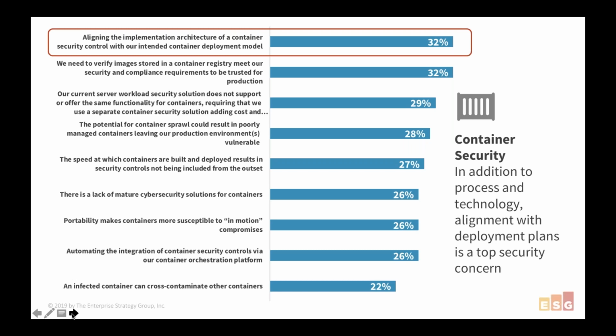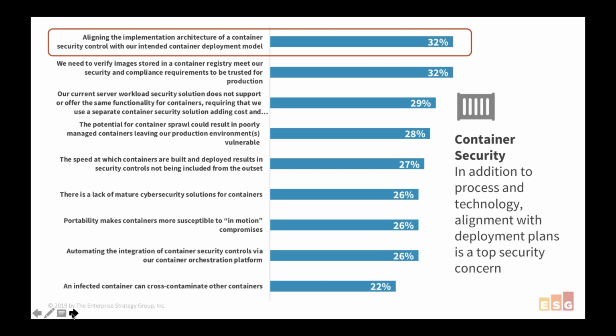And in fact, that came out as the number one container security concern: I need to align the implementation architecture of the security control itself with how we intend to deploy application containers. So it's good that organizations are thinking ahead: if I want optionality, I'm going to be moving my containers around, and I'm going to be consuming containers in different ways. I want to make sure the container security control that I employ has an equal level of flexibility.